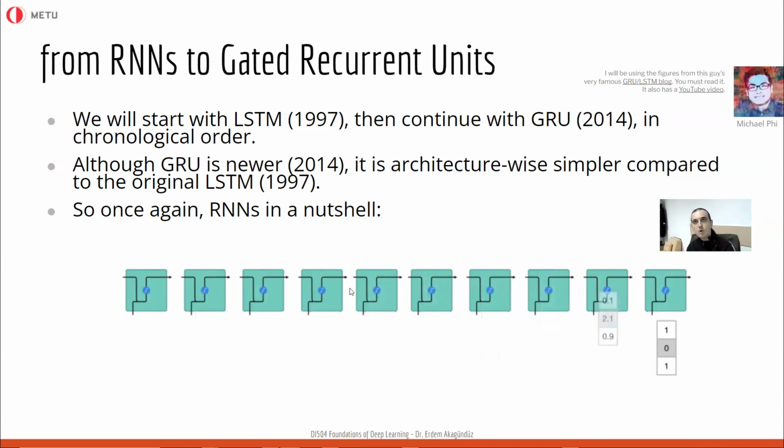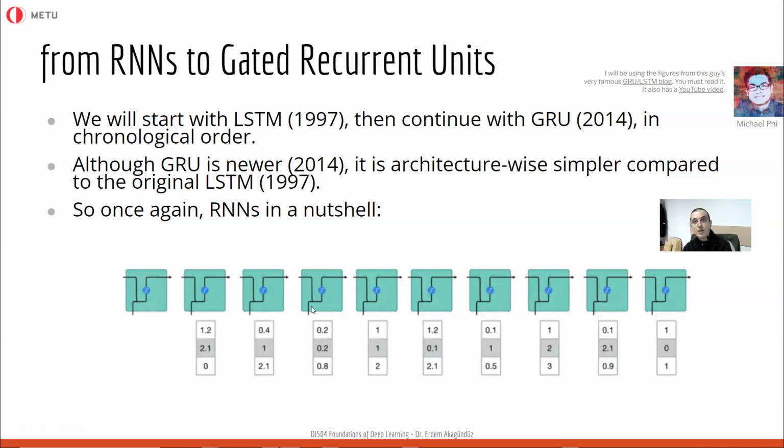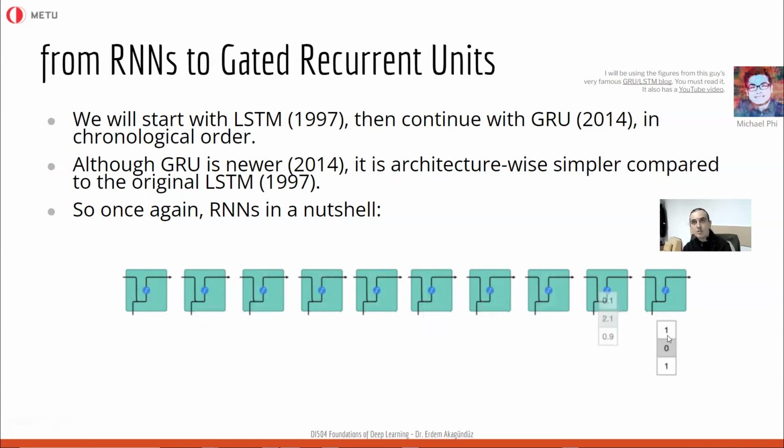The gradients vanished when we were trying to train these recurrent neural networks, especially with very long sequences.